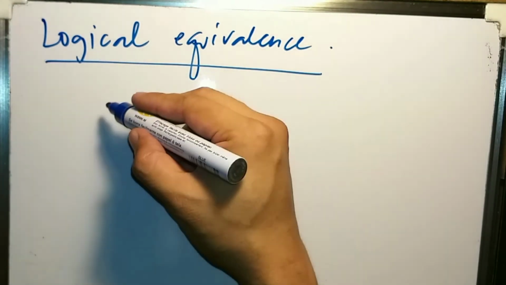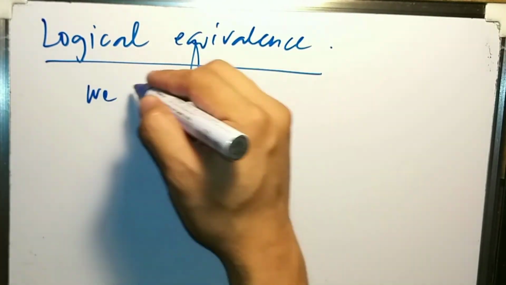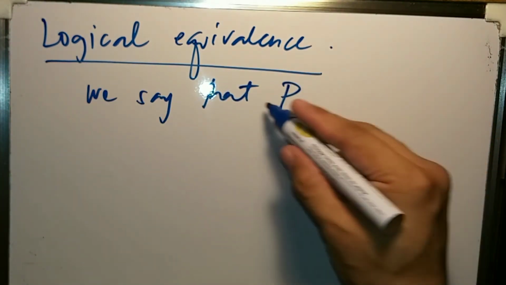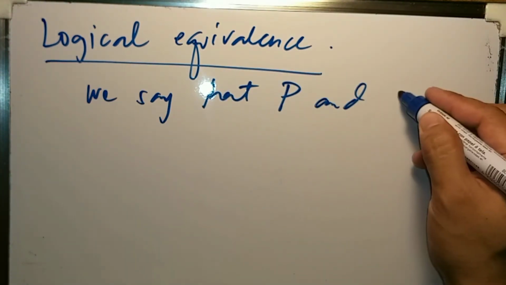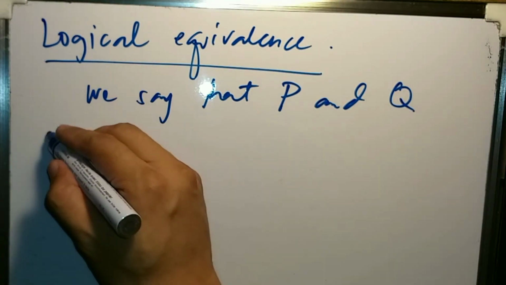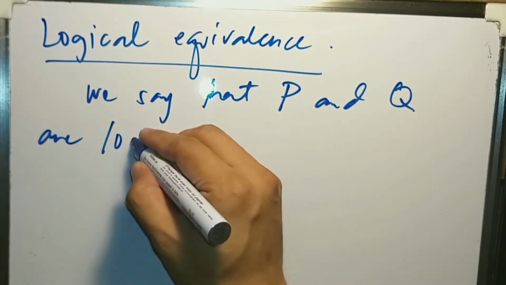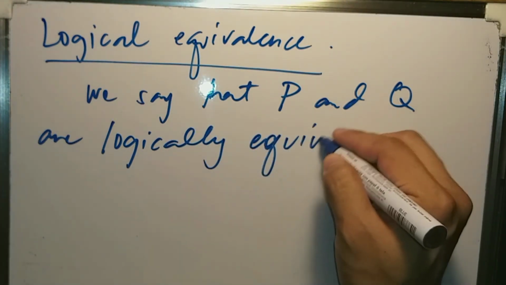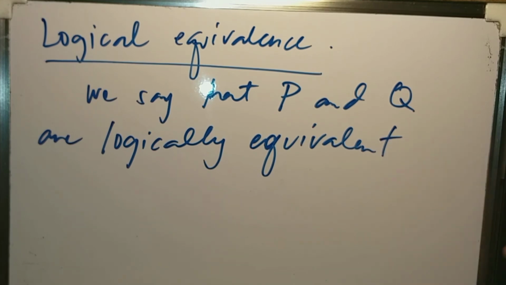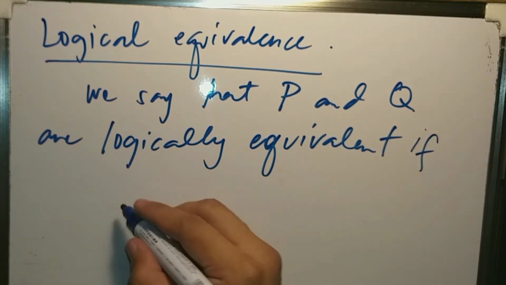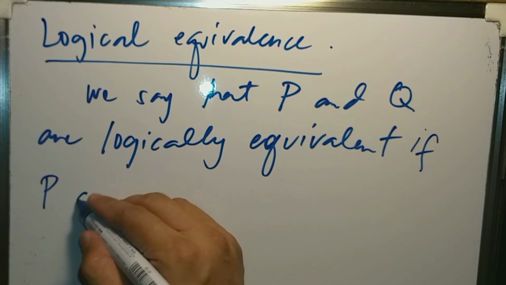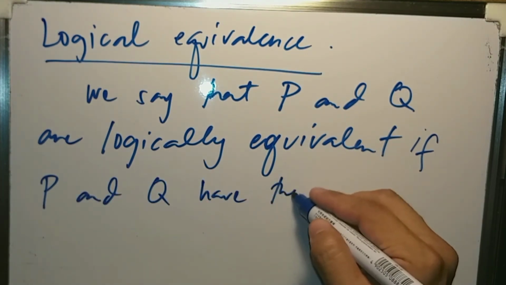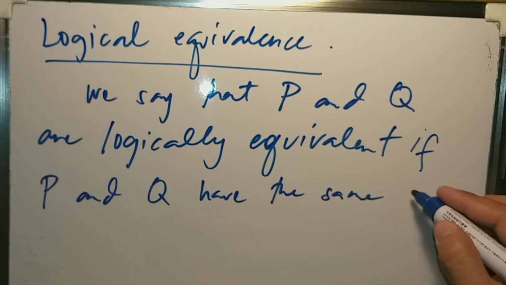So we say that P and Q are logically equivalent if P and Q have the same truth value.